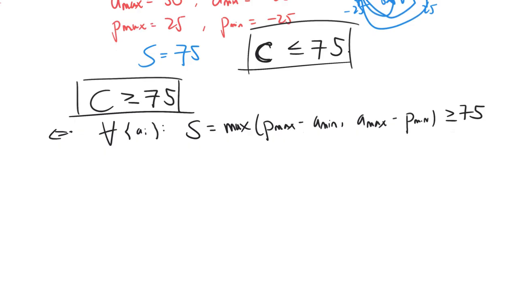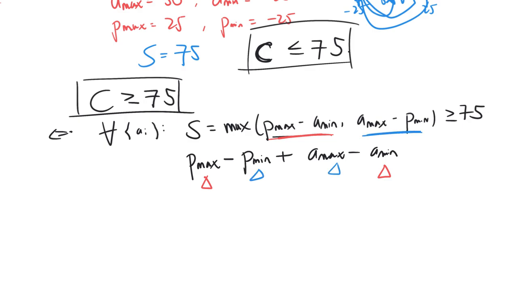This leads us, again, to the observation before: we want to try to put these two together. What we're going to do is consider the expression P max minus P min plus A max minus A min. The terms marked in red are this thing right over here, and the terms in blue are this thing over here.